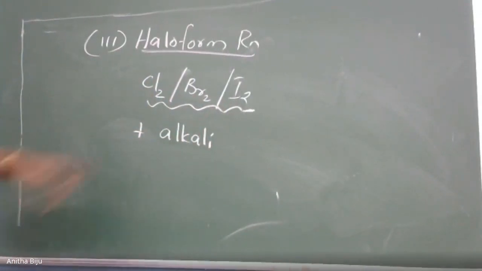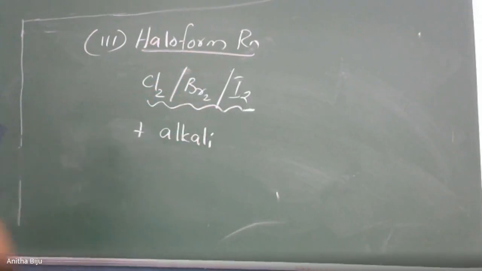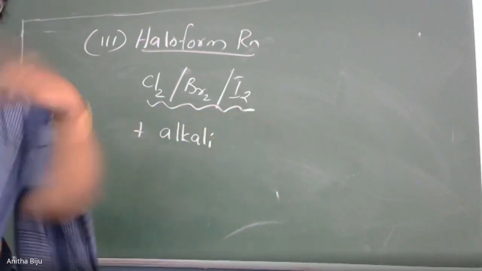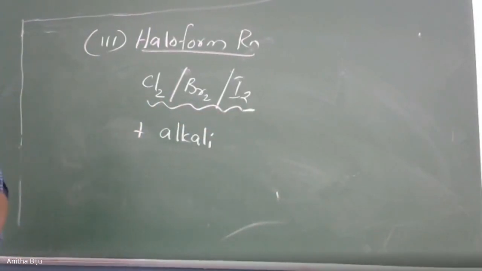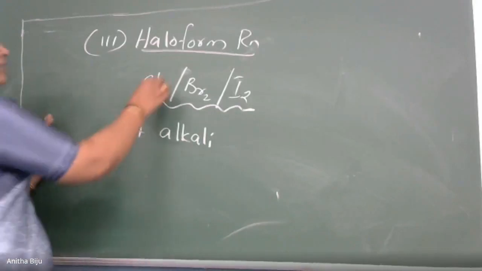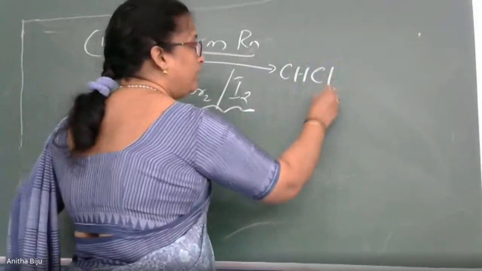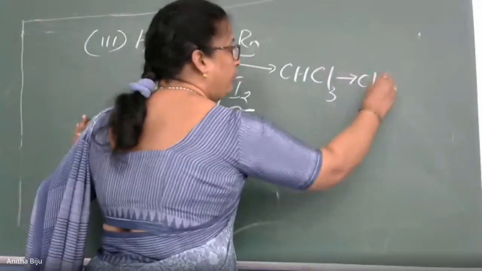Now why is it called haloform? Haloform means it is a compound which is derived from halogen. Which compound is derived from halogen during the reaction? If it is chlorine, we get chloroform, CHCl3.